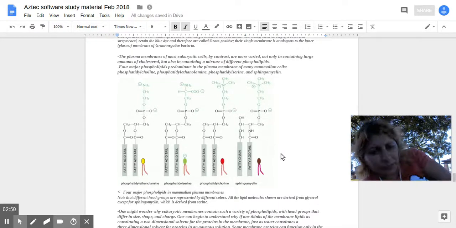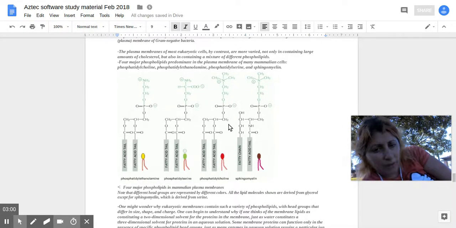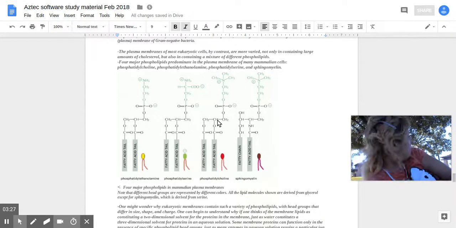Okay, so phosphatidylethanolamine, serine, and choline look identical except for their head groups. Sphingomyelin has a slightly different backbone with nitrogen and one carbon replacing three of the oxygens that are in the other three kinds of phospholipids.